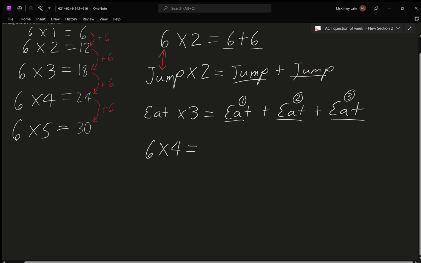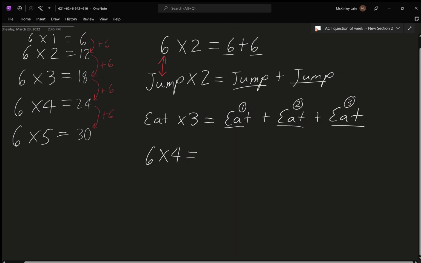So for example, if we apply this, say I have 6 times 4. What does that equal? Well, up here, when we looked at our jump, jump times 2 meant we jumped twice. Once, twice, right? So 6 times 4 we can kind of pretend as if that was jump, right? We just know we need 1, 2, 3, 4.